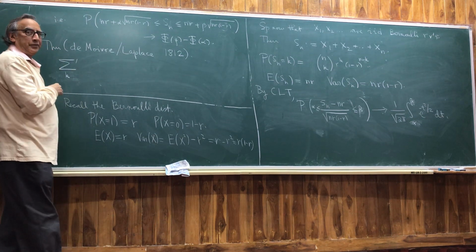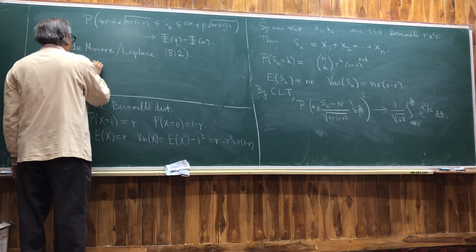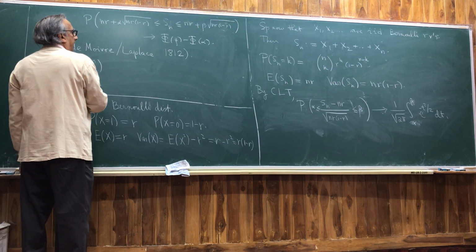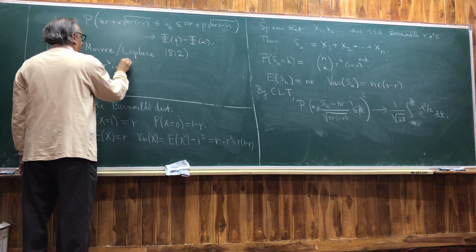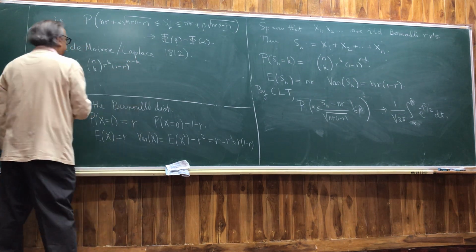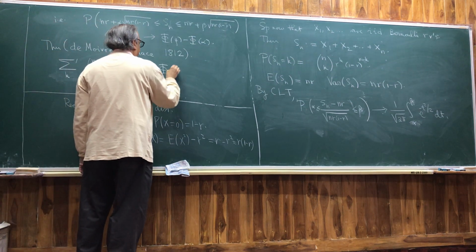Let me just put a dash, okay? k lies in that range. The probability that this happens is the sum of n choose k, r to the k, 1 minus r to the n minus k. This tends to phi of v.